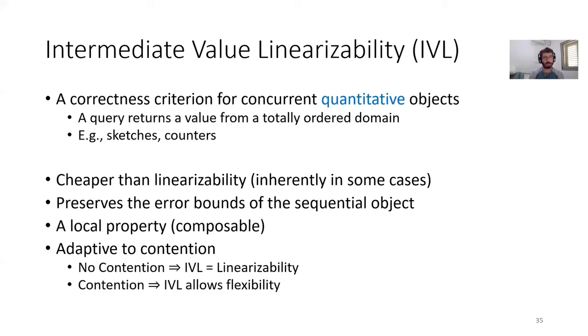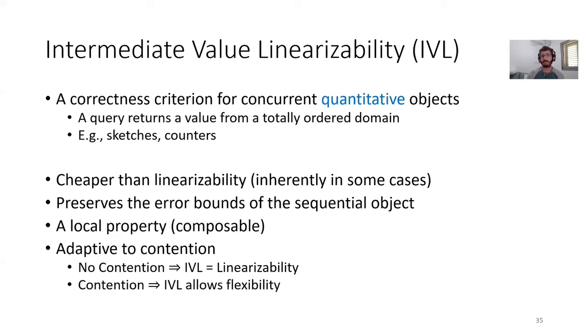However, when there's a lot of contention, when my execution is highly concurrent and things are happening in parallel quite a bit, IVL allows for flexibility, basically allowing any return value that's bounded between the minimum and the maximum values of that read's execution time. Okay, so it allows any of the values bounded between the minimum and the maximum. That's a lot of flexibility.